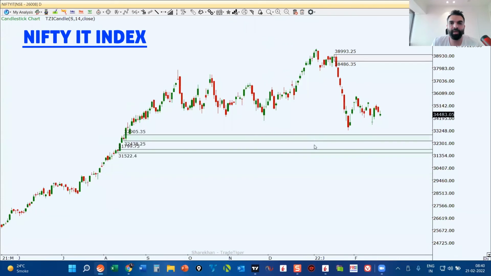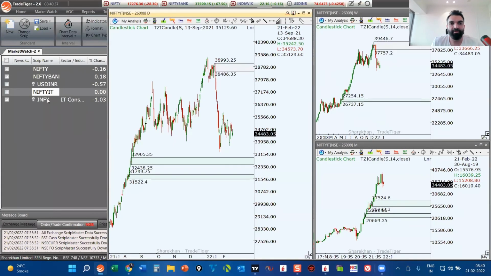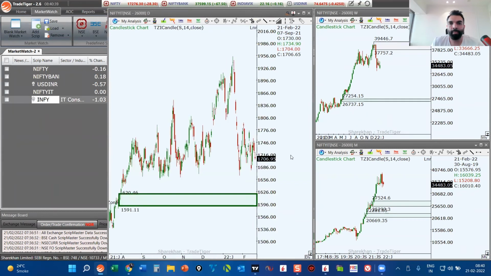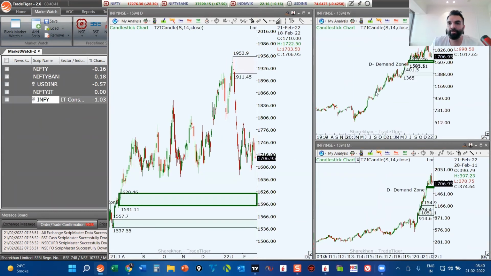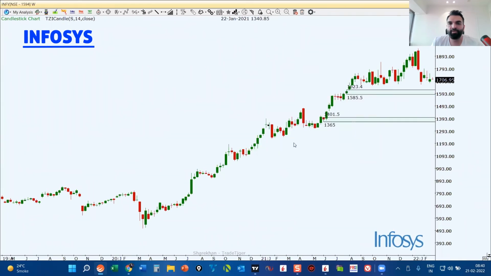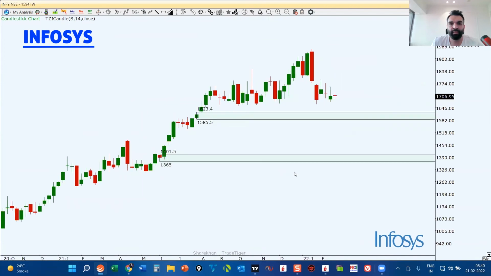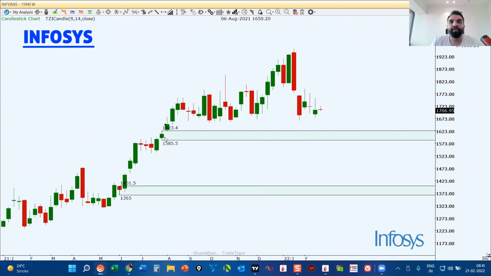Okay, so let's look at Infosys now, and let us see if Infosys is also very close to a level of demand on the higher time frame. So this is our stock for the week. If we compare Infosys with the IT sector, the level of demand is more or less coinciding with the weekly level of demand, right?